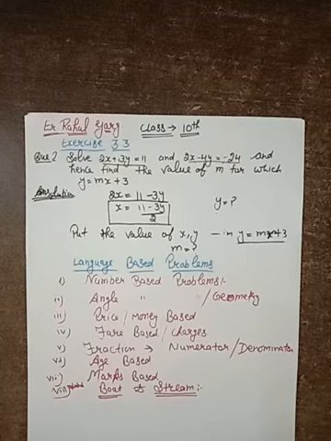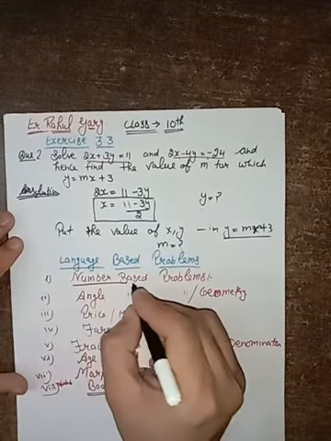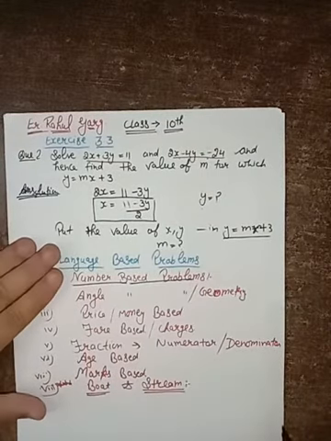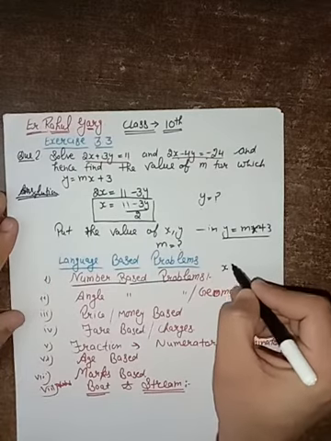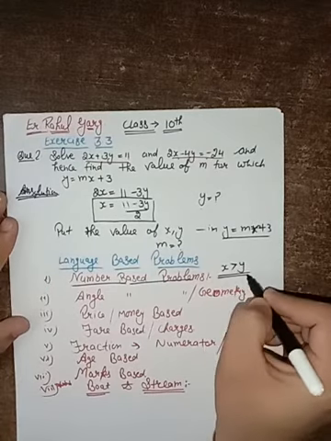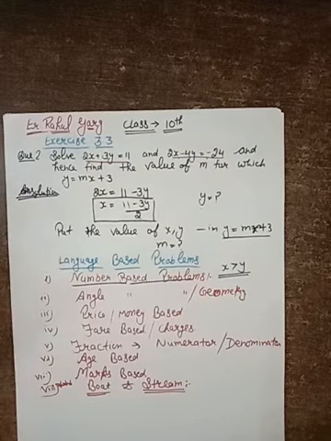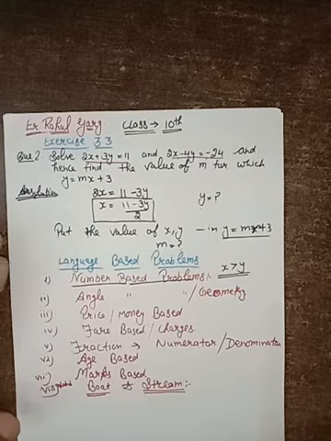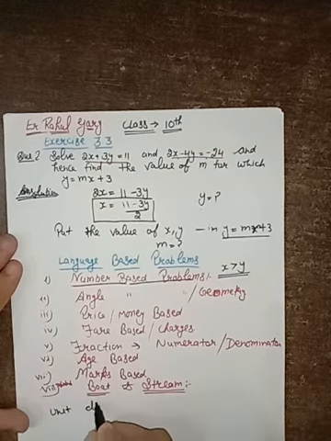Firstly, we will discuss number-based problems. What types of points do you have to note down? In number-based problems, you have to keep in mind which number is greater, whether you are letting x greater or y. And second thing, in number-based problems, there may be unit digit based questions, unit digit and tens digit.